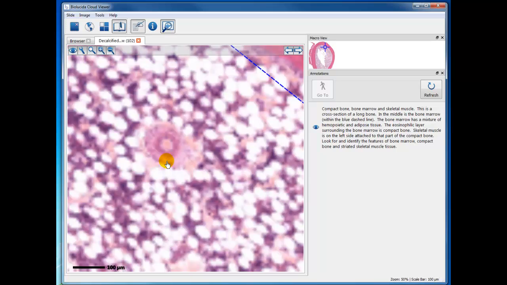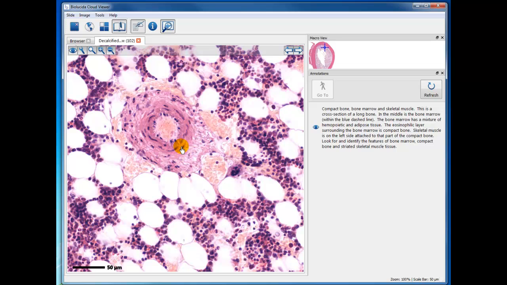Now, in the center here, this is something you haven't studied yet. This is a cross-section of an arteriole within the bone marrow, and surrounding that you have some sinusoid vessels with red blood cells in it, and these little tiny cells here are lymphocytes within the blood vessel. This is smooth muscle. You are studying smooth muscle during this second module, and the smooth muscle is arranged around the lumen of the arteriole, and lining the lumen is simple squamous epithelium, and we know that as endothelium.